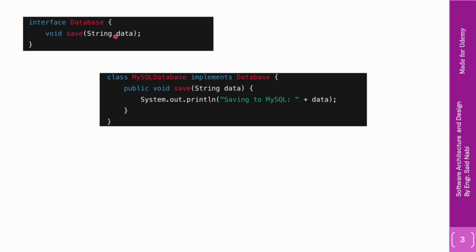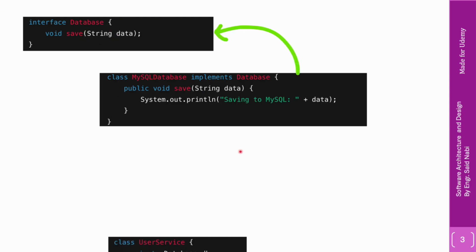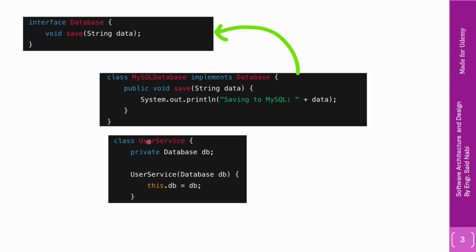Now if I want to use this database in my user class, here you can see again that high level module. I have a database instance, Database db, but this instance is of the type of this interface. So this interface can be implemented by any class.